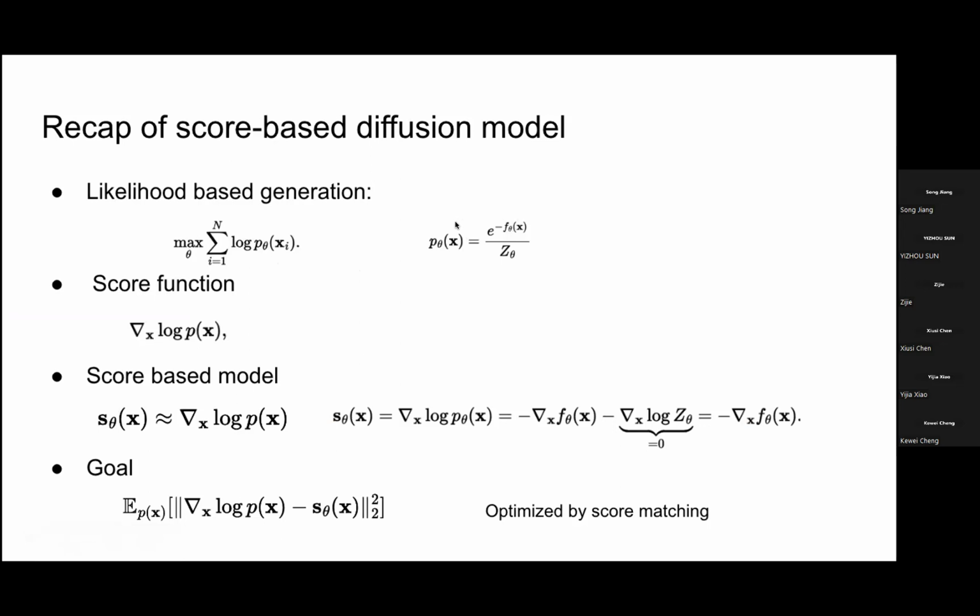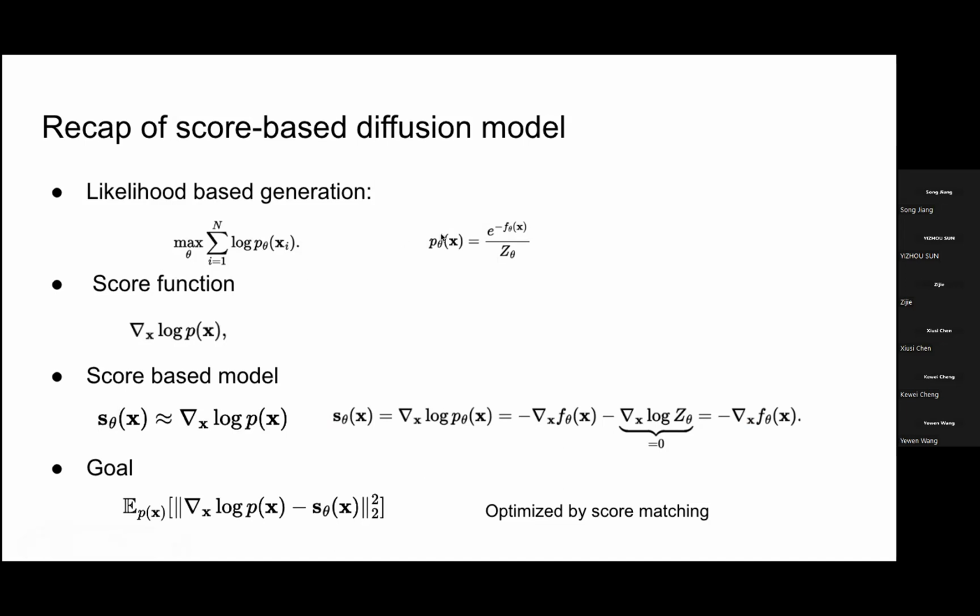Implementation-wise, we basically have a model F, parameterized by some neural network with parameters theta, and we do a normalization here to make the probability between zero and 1.